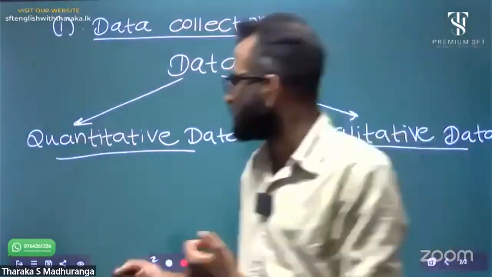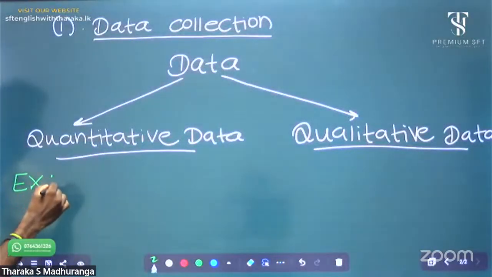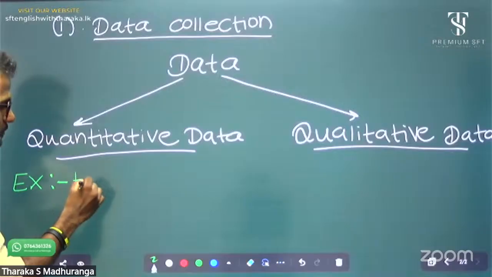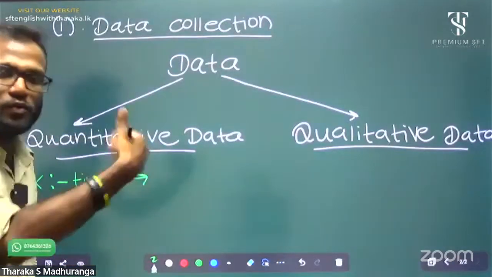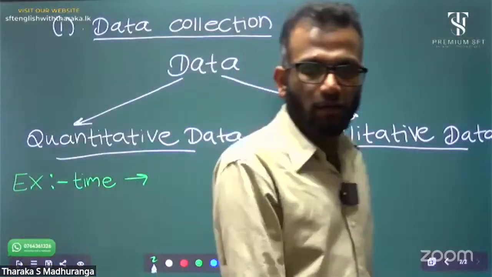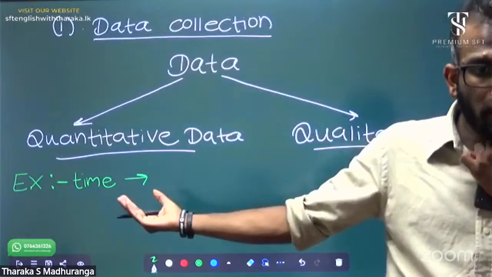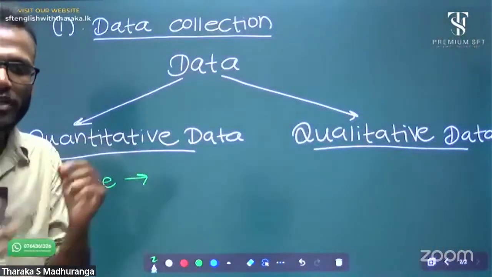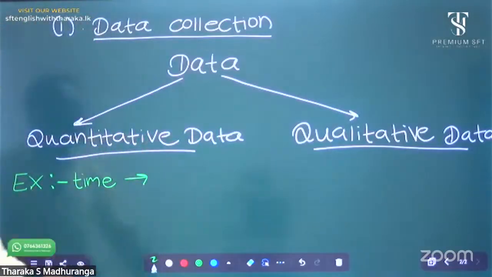For example, if you collect data as time, 5 seconds, 2 hours, it has quantitative numbers or numerical numbers. They are the quantitative data.